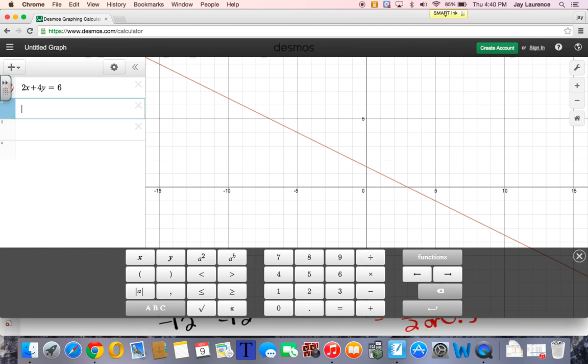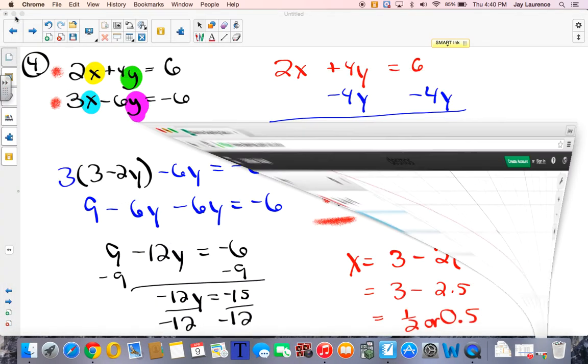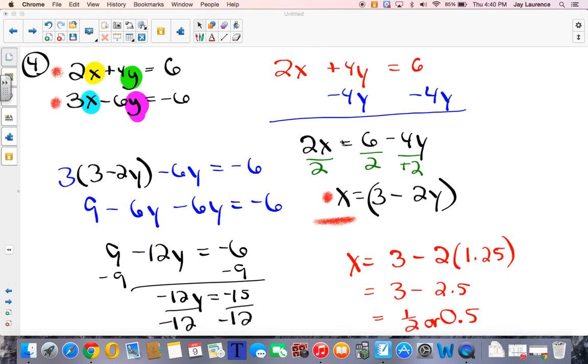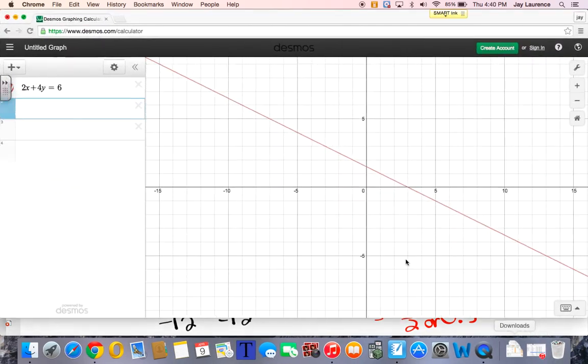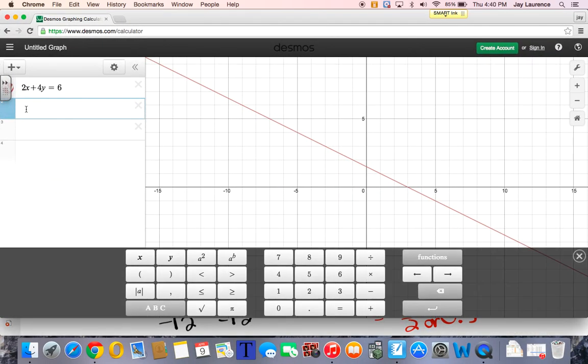And then, I don't remember that one. What is it? 3x minus 6y equals negative 6. And let's see, where are they crossing? Oh, look at that. I was right. I was okay. I was at 1/2, 1 1/4.